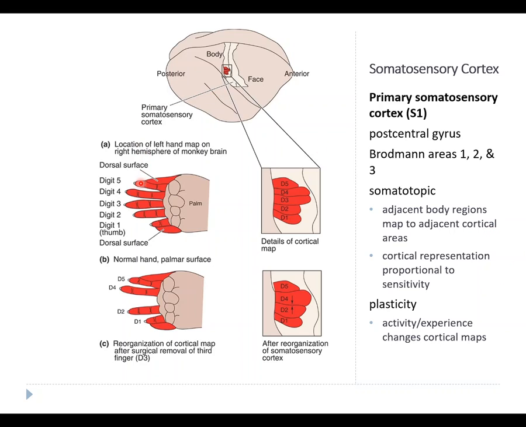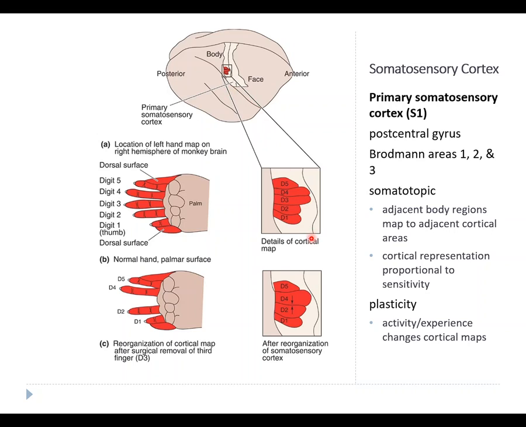This is an example of an experiment where they're looking at the somatosensory cortex in monkey brains that represent the fingers. Here they're on the right side of the brain, and this is the equivalent of primary somatosensory cortex in the monkey brain, and this region is the part that represents the fingers.